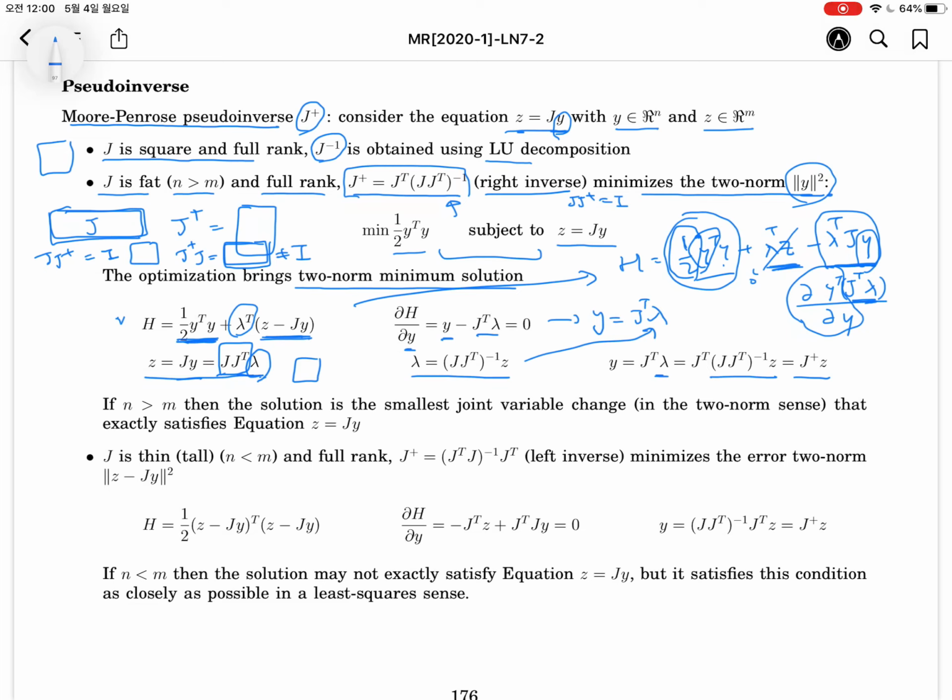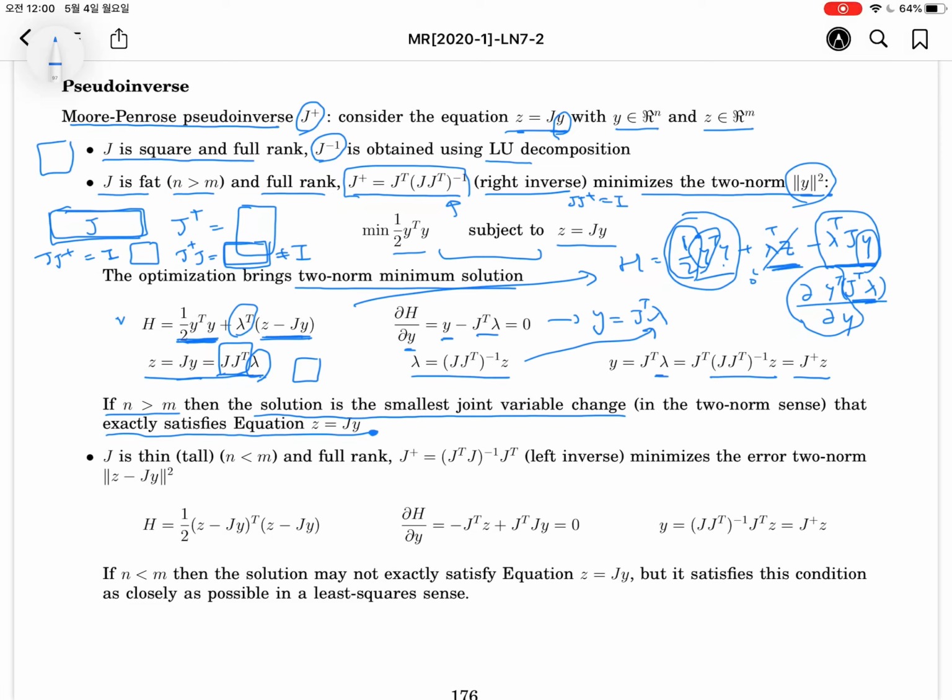At that time, this tall inverse matrix is called the right inverse. The right inverse is the minimum solution of the 2-norm. Okay, 2-norm minimum solution. In the case of a wide J, the solution is the smallest joint variable change that exactly satisfies this equation. Okay.